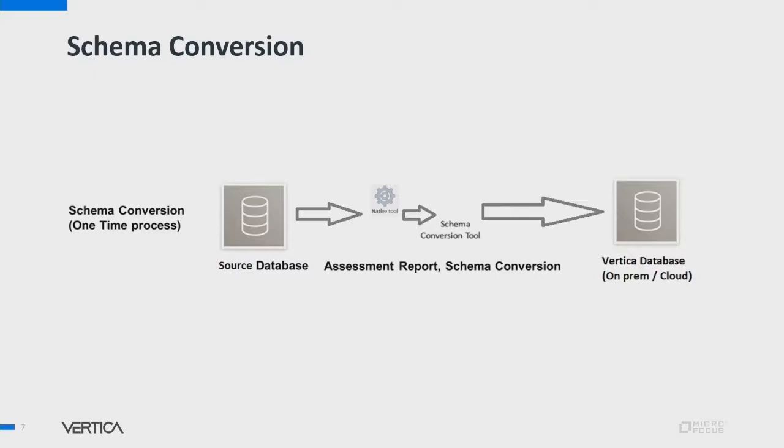Once the metadata is extracted, the metadata mapping involves table type definitions and column type mapping along with the new size calculations. This is the phase where architectural differences and design decisions need to happen, making sure that the source data resides well in Vertica.